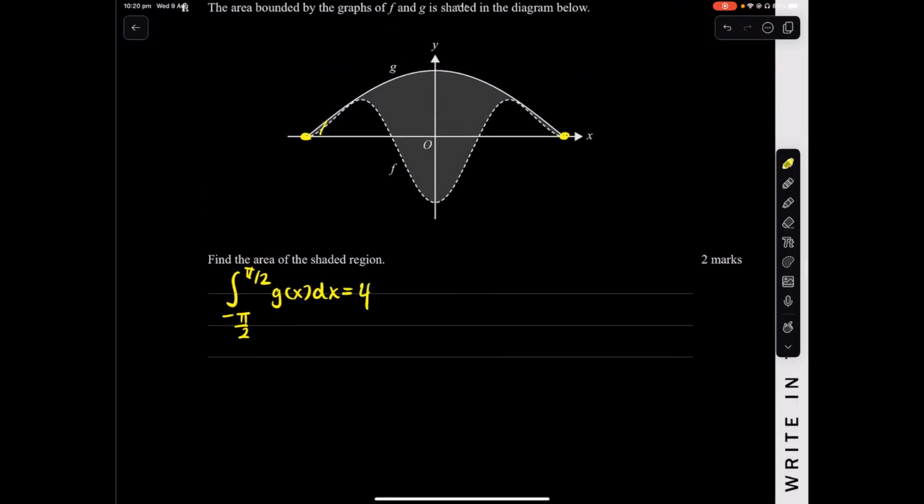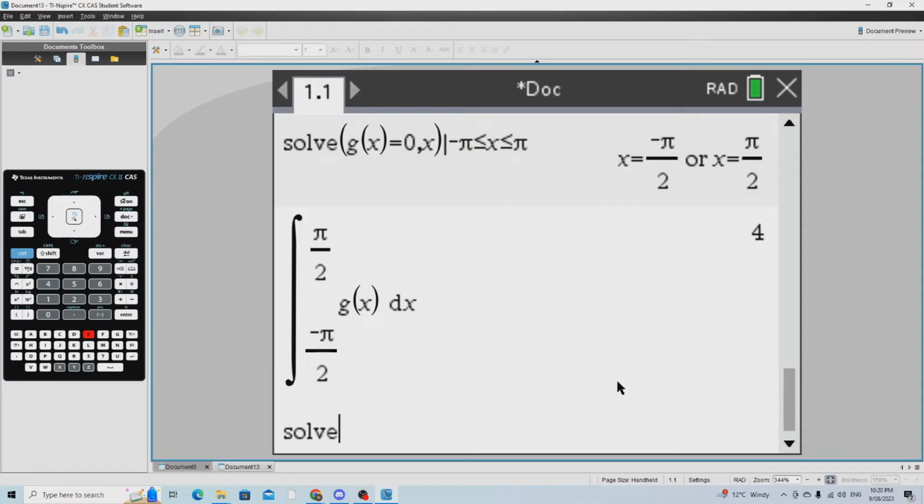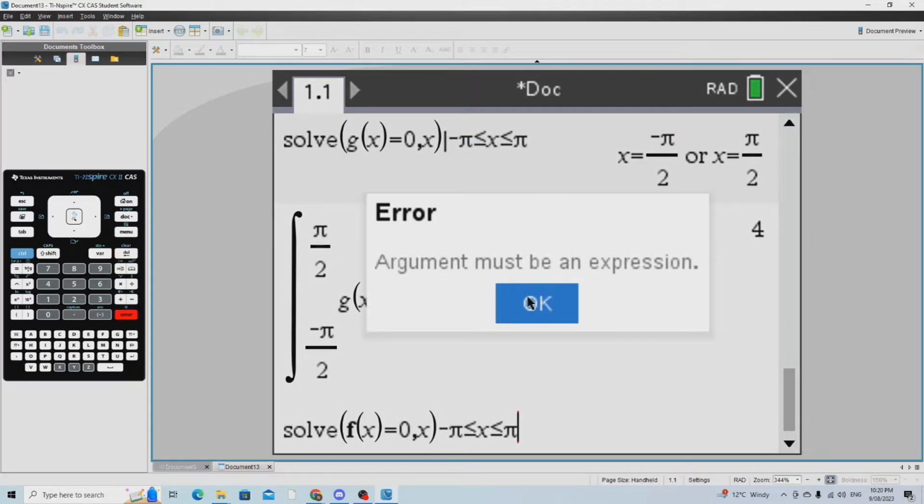Okay, now we know that's 4, so now let's find the area of this thing over here. So we can find the area from negative pi over 2 to this point where f of x touches. So let's solve f of x equals 0, comma x, in the same domain.